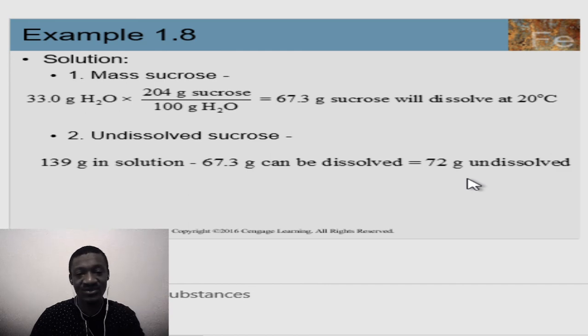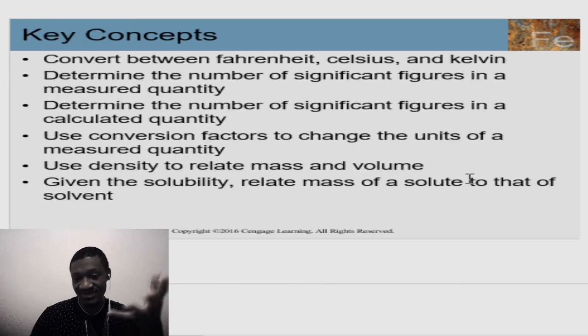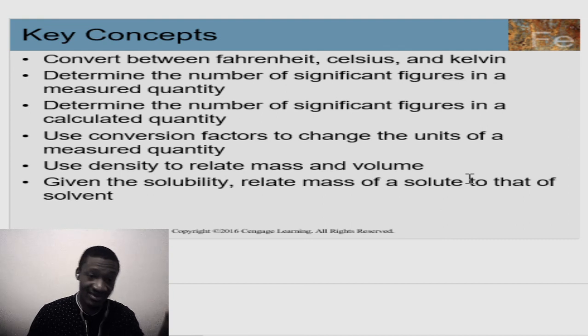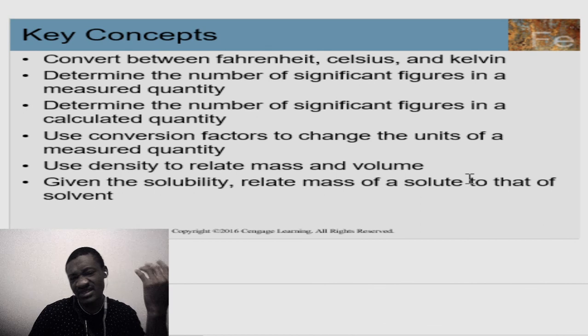We are done with it, and at the end of this chapter of this lecture, you should have been able to know how to convert Fahrenheit to Celsius and Kelvin. Kelvin is the only one that doesn't have a degree, and it's very much solid on itself. It doesn't even need a degree.